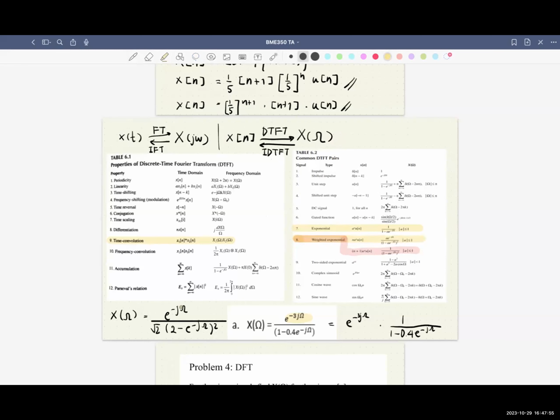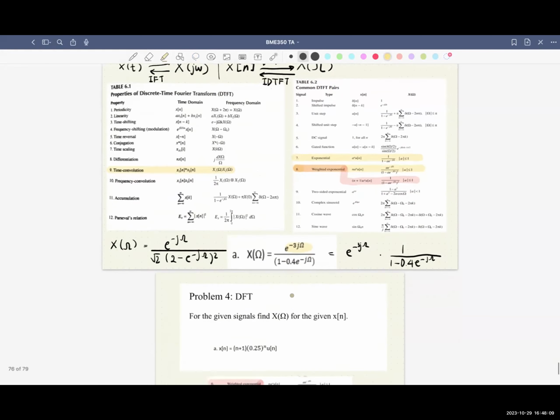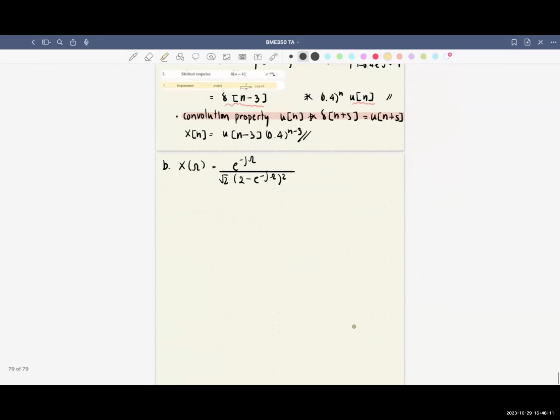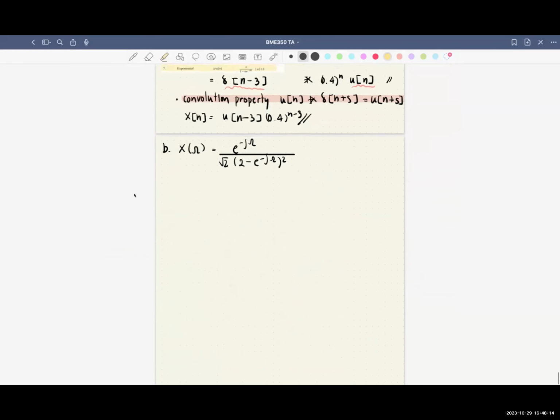But do you see our term is not quite alike to the given pair, right? So we need to do some transformation with our signal, so it would be able to work with this pair.